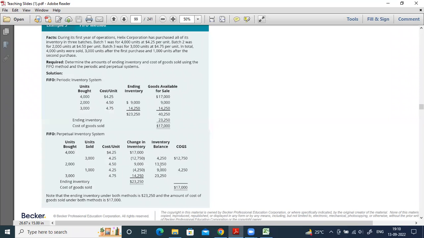What is the total stock? The previous balance 4,250 and the recent one 9,000, so the total stock will be 13,250. Then after the second purchase, 1,000 units were issued. From where do we need to take? From the first lot only. That's why we took 4.25 here.